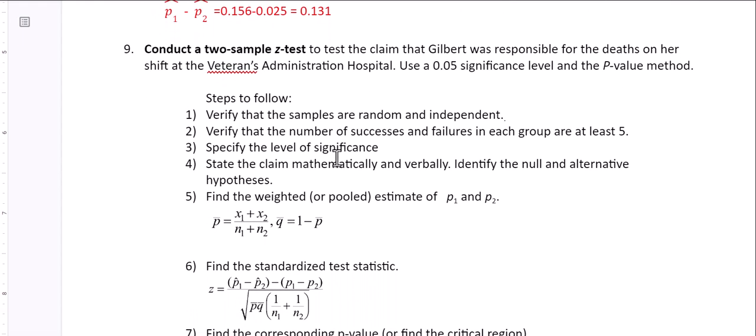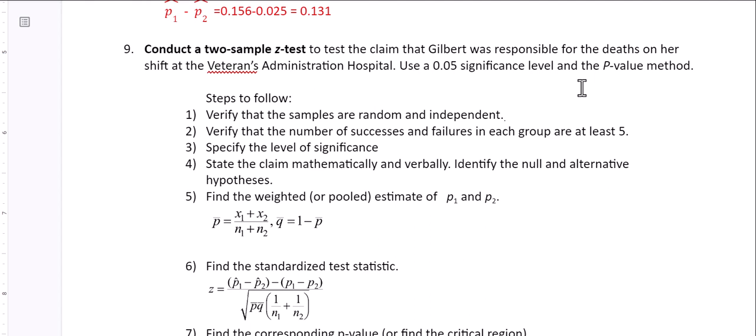So we want to test the claim that Gilbert was responsible for the deaths on her shifts at the Veterans Administration Hospital, and we're going to use a 0.05 significance level and the p-value method. I'm also going to show you how to do the confidence interval method, although the p-value method is the one that is universally most used.